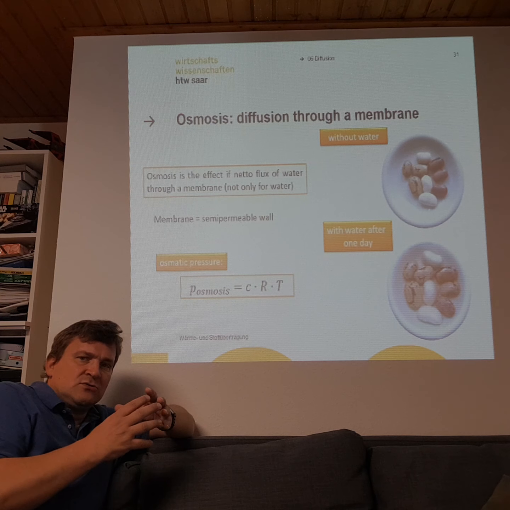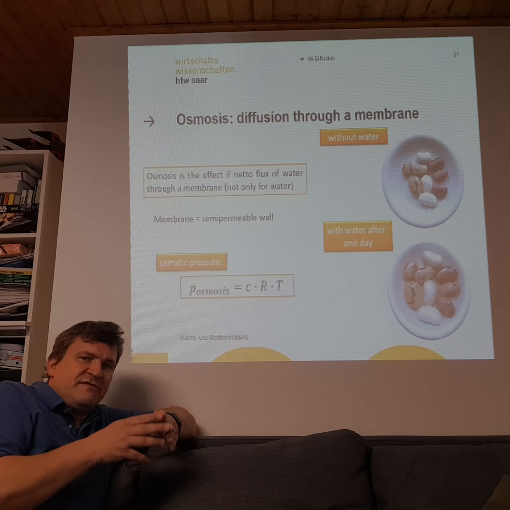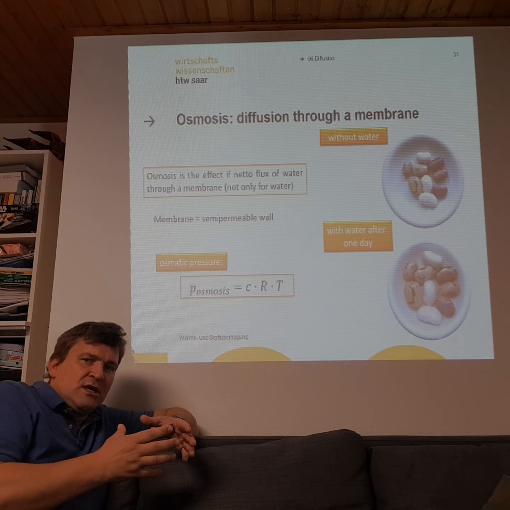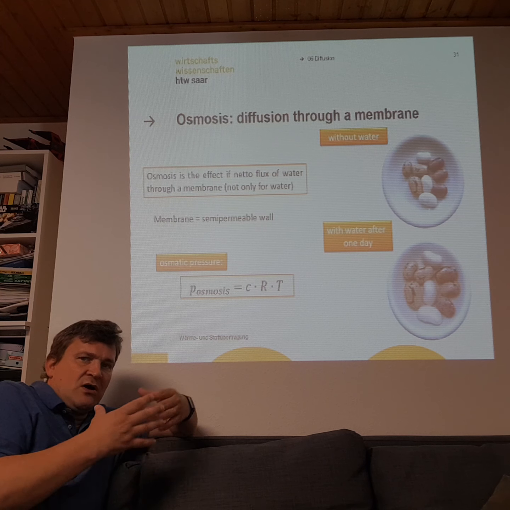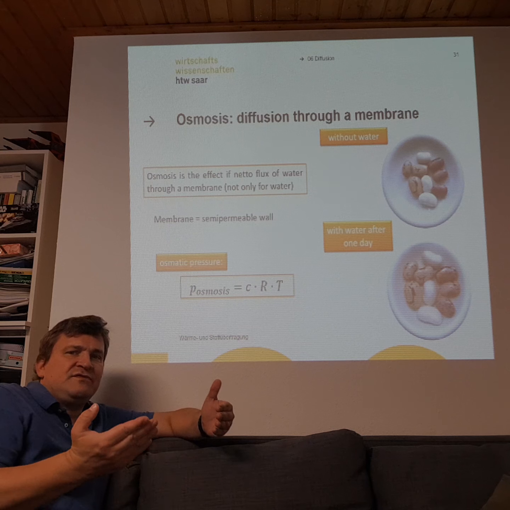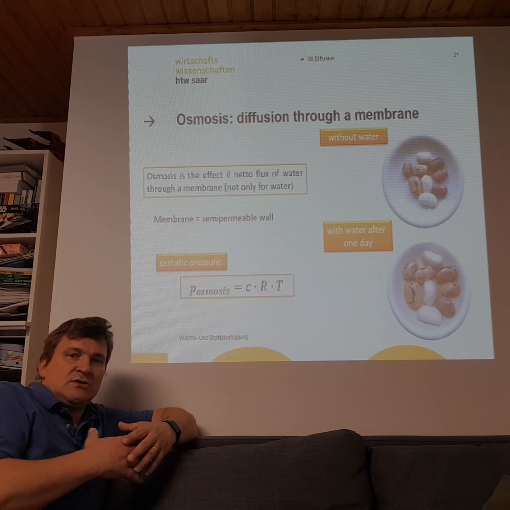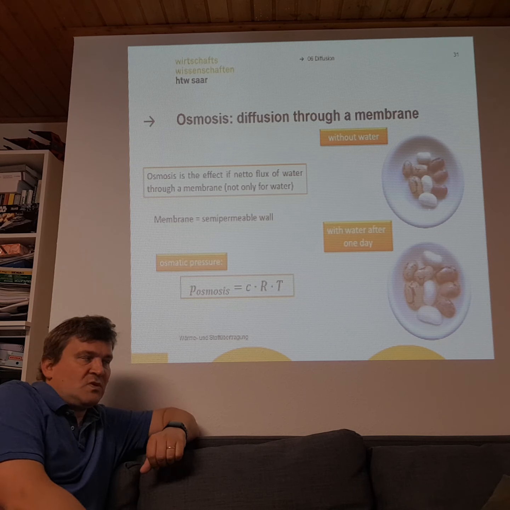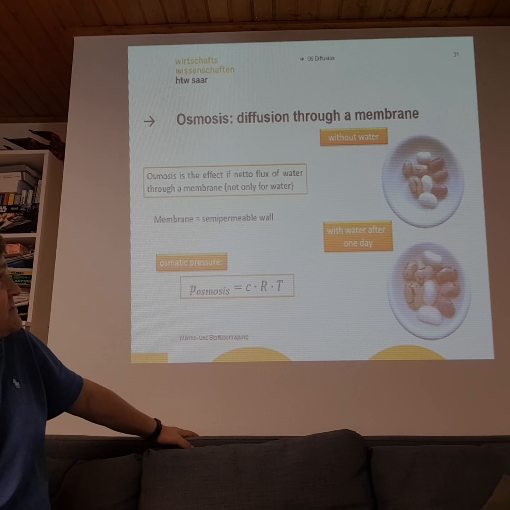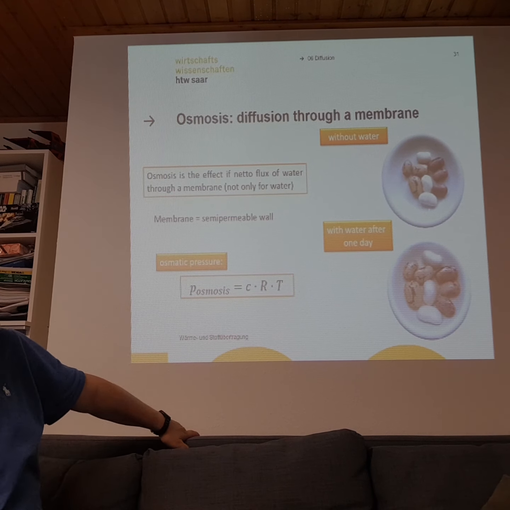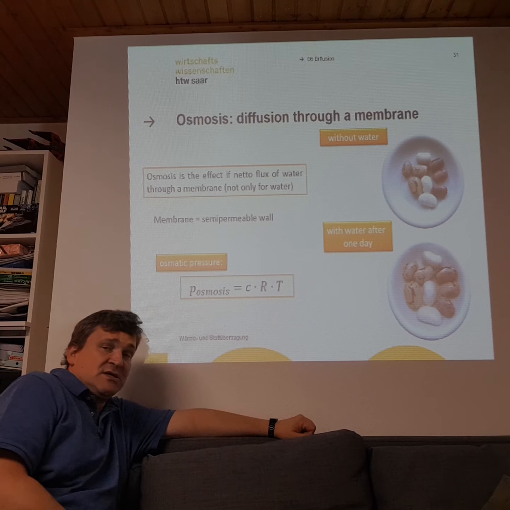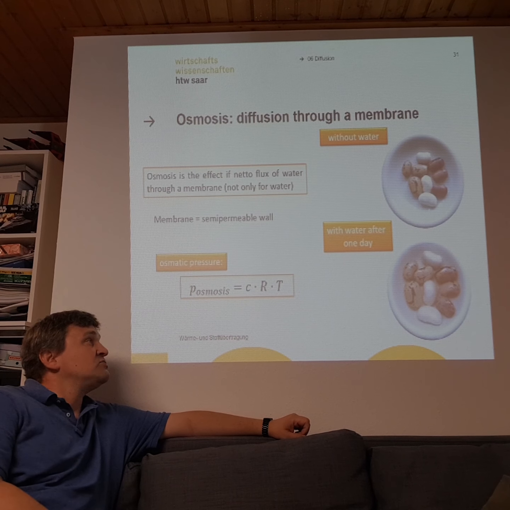And this is also driven by the effect of diffusion. The water outside the beans will diffuse into the beans, and you will get bigger and bigger beans. Okay. In nature, this effect is described by osmosis.